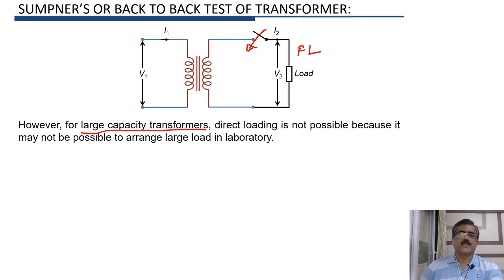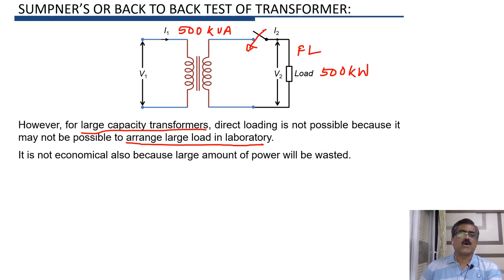The reason is it may not be possible to arrange large load in laboratory. For example, suppose the rating of transformer is 500 kVA, then you will need a load of 500 kilowatt. It is very difficult to arrange such a large load in laboratory for testing of transformer.